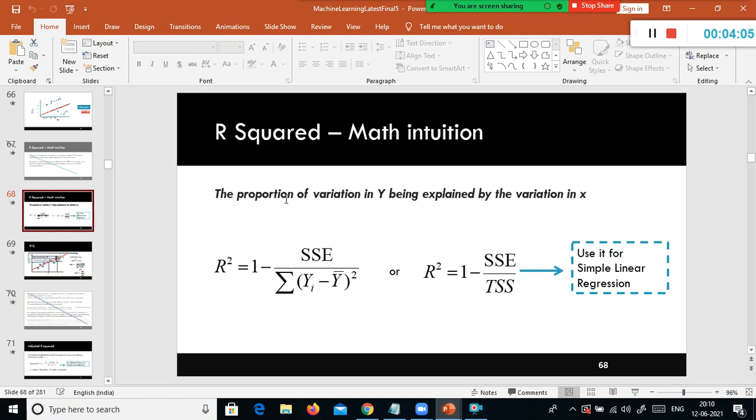Okay, fine. So why RMSE? Why can't I use the sum of squared error, or the mean squared error itself? Why should I use RMSE?